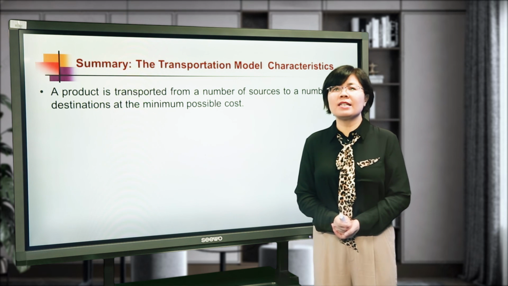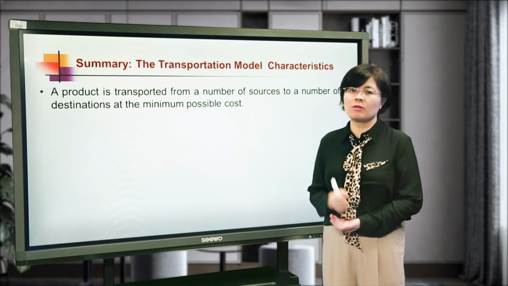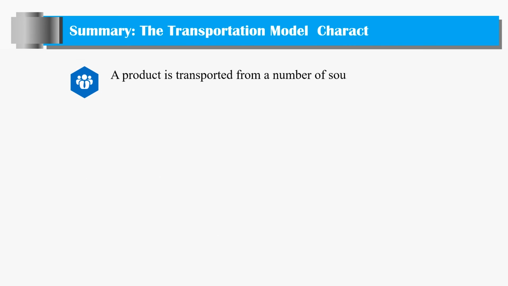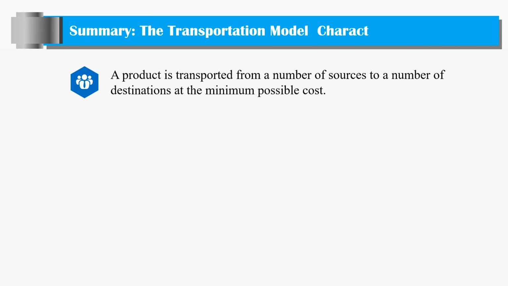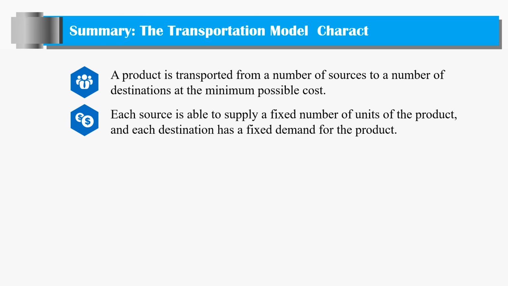Now we summarize the characteristics of the transportation model as follows. First, a product is transported from a number of sources to a number of destinations at minimal possible cost. Second, each source is able to supply a fixed number of units of the product, and each destination has a fixed demand for the product.